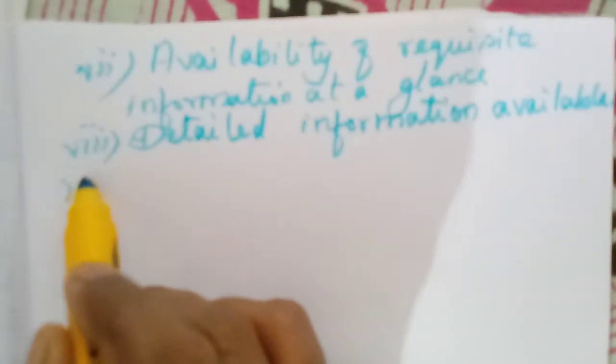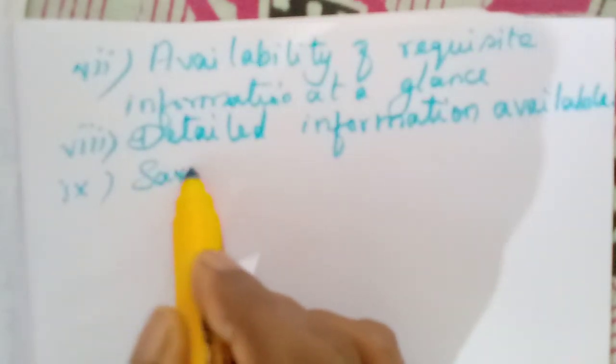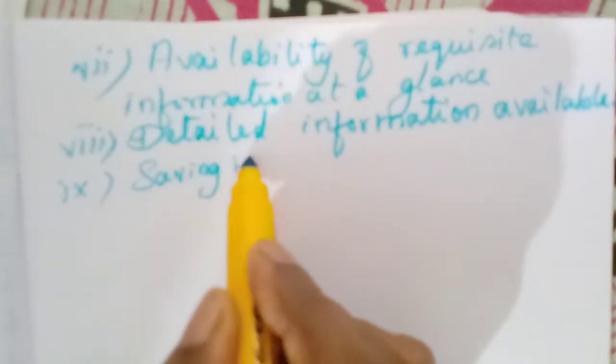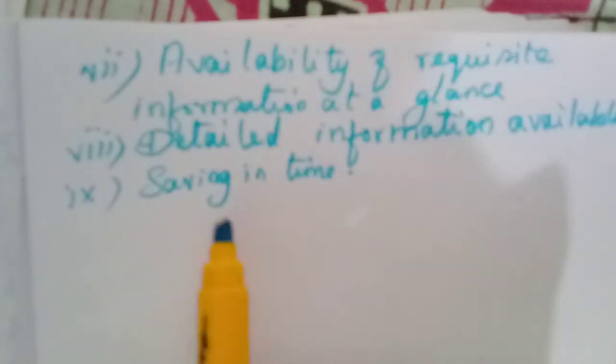Then the next point is saving time. Preparing subsidiary books is easier, but preparing journal entries is a mere waste of time, isn't it? And a waste of paper and notebooks.